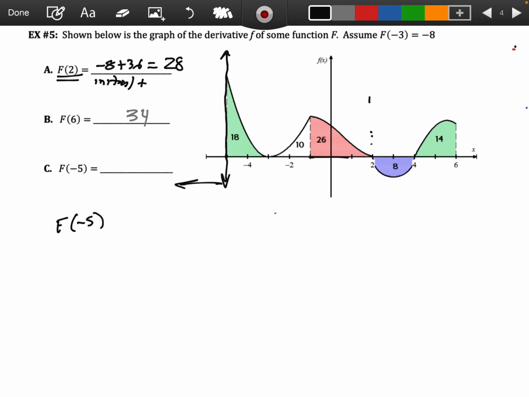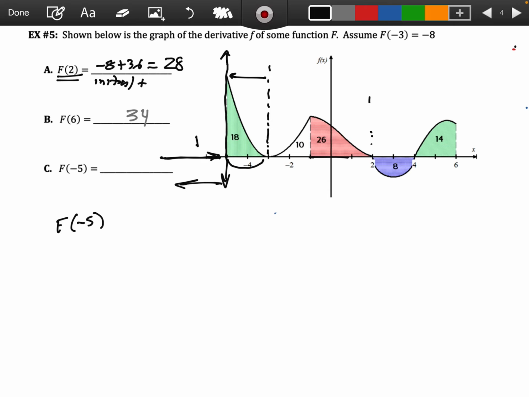But they did tell us everything from -3 this way is an accumulation of -8. Well, this plus this, all this area plus this, is going to be equal to -8. So if we do that, you're working backwards.